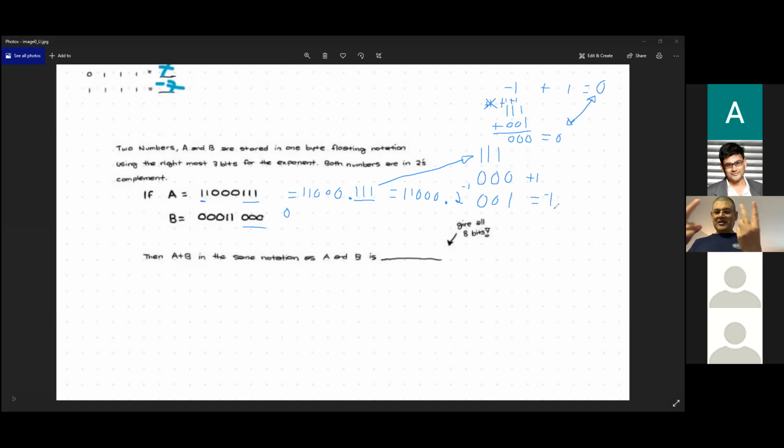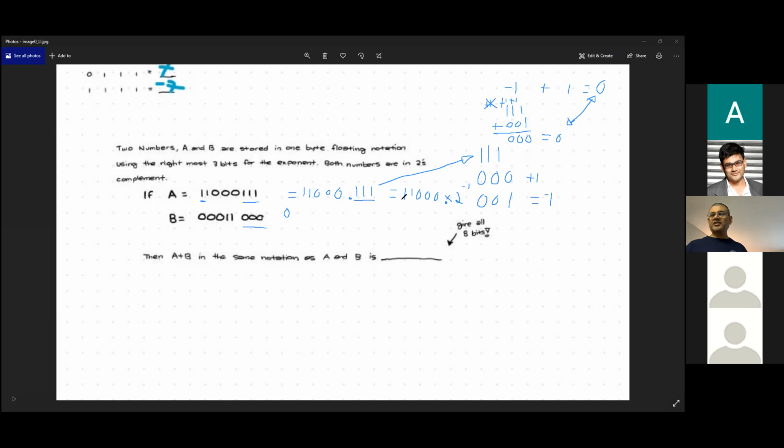So getting back to this question, we found 11000 times 2 to the -1. Now convert the 11000 into its value. It's in two's complement and signed, so I need to convert it first.